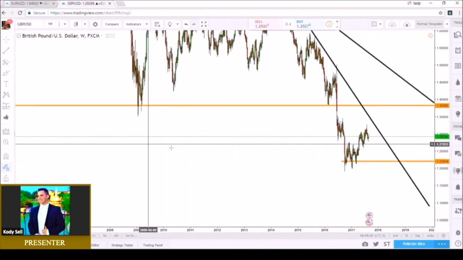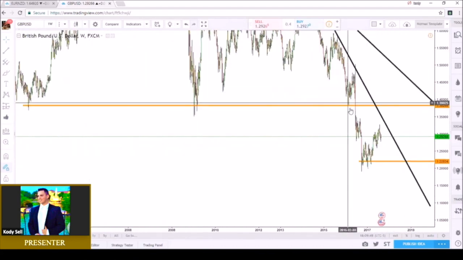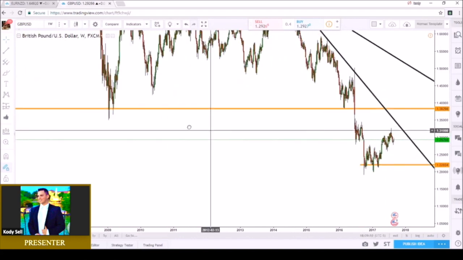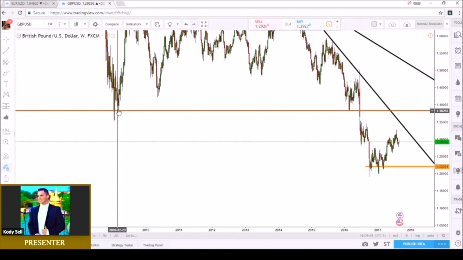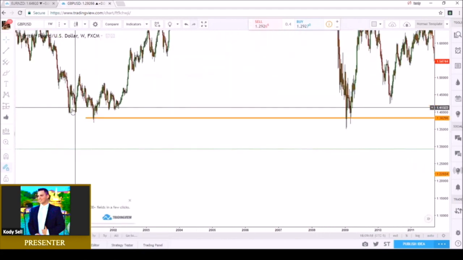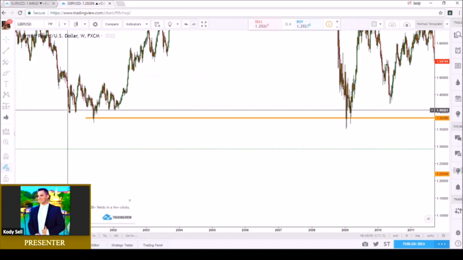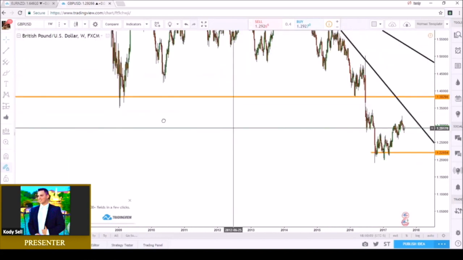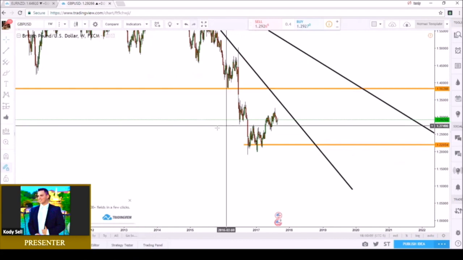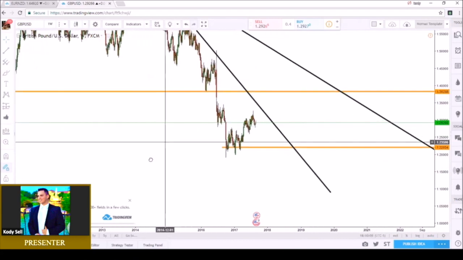It's tougher on this one because it's a clear zone, but you can see price came down and bounced right off of this area, and then over here, price held, and price bounced here, and then over here, price ultimately held. Now, there was another area to the upside here, so that will be important if price gets up there, but this is the significant point of reaction. So I adjusted that a little bit.